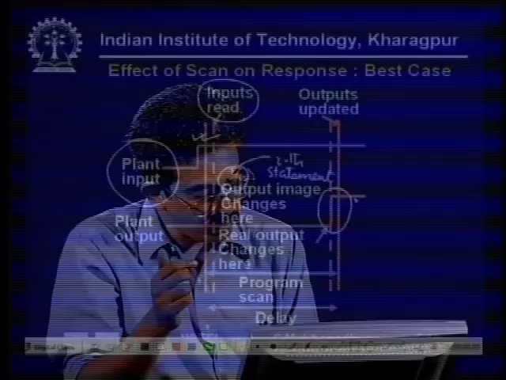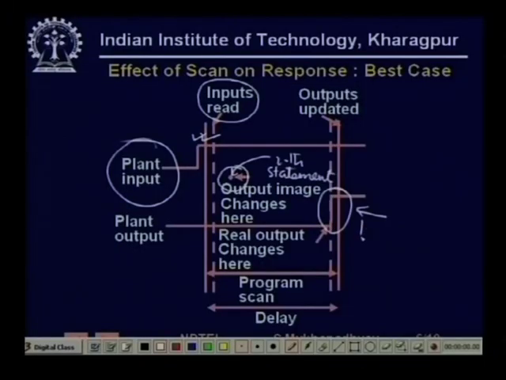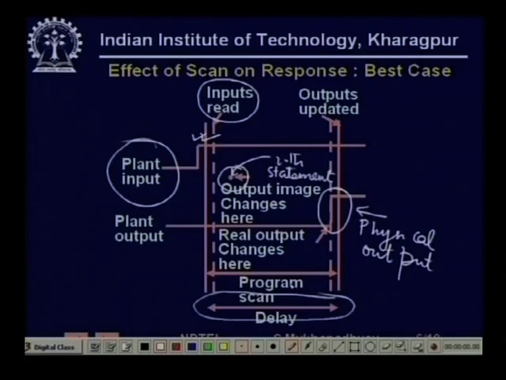Therefore, the physical output which goes to the process gets affected only at that time, and this is the amount of delay that is bound to occur.